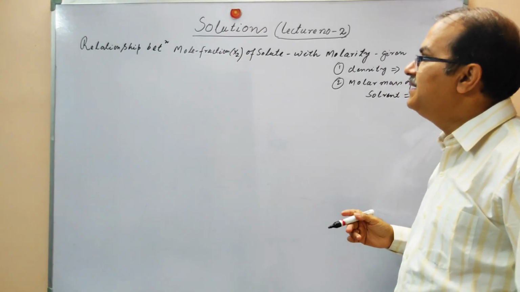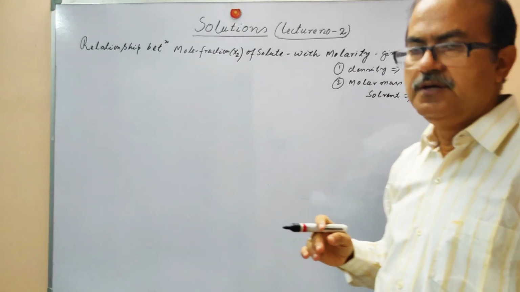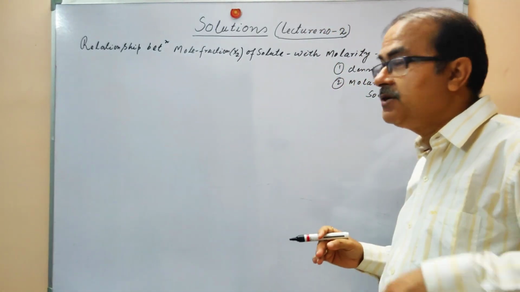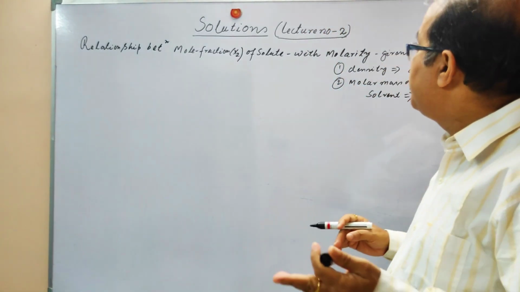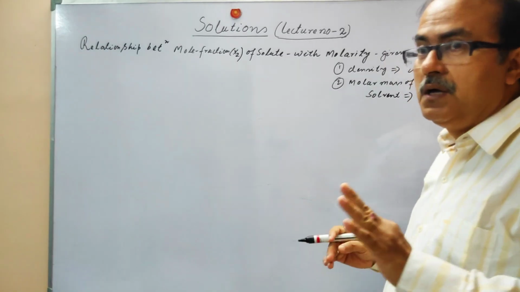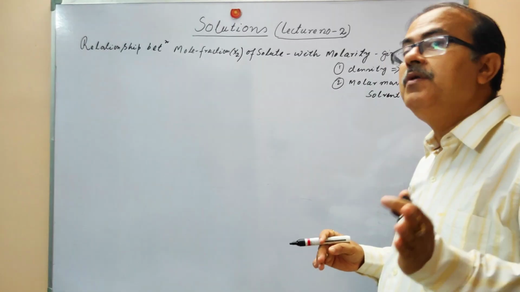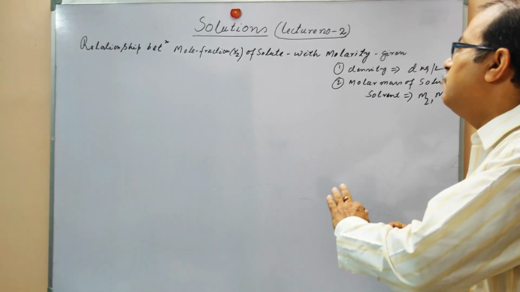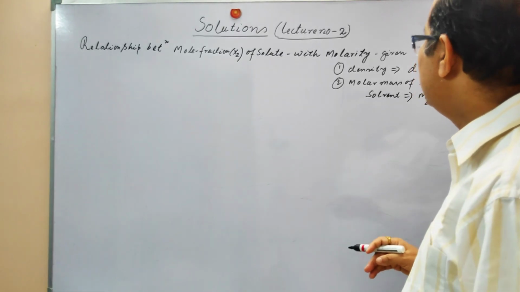I have to calculate the relationship, because in the previous part we calculated the relationship between the mole fraction of the solute and the molality. Now here the mole fraction and the molarity, that we are going to discuss.